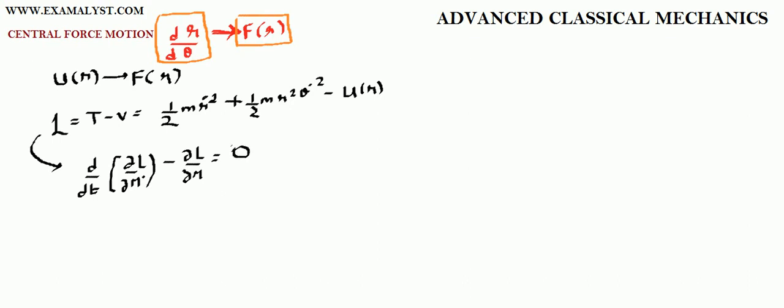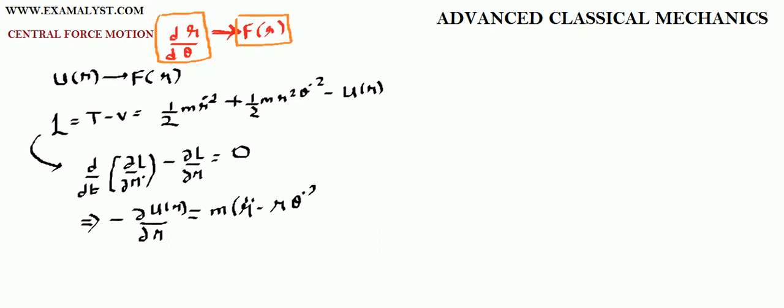Agreed? Now put the Lagrangian into this equation of motion, and you will get an equation which is minus del u of r divided by del r. This is the first part of the equation, and then this side will have m times r double dot minus r theta dot square. So this is the Lagrangian equation of motion.